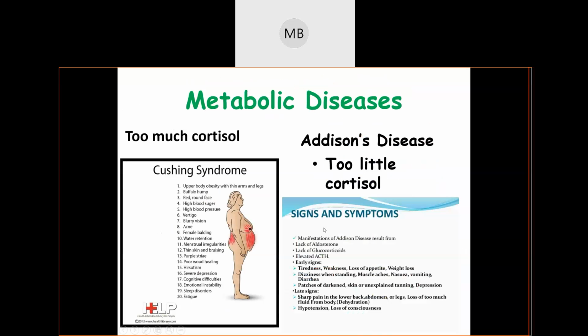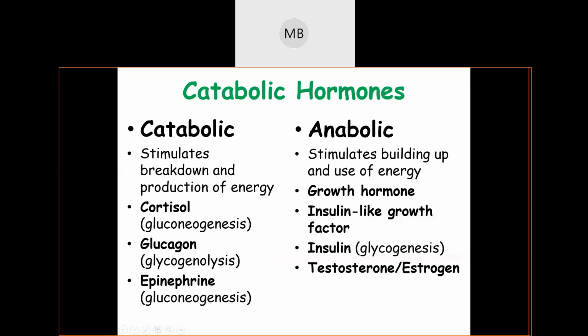There were a lot of metabolic diseases that we mentioned in previous units. Cushing's syndrome or Addison's disease is basically too much or too little cortisol in your system. We talked about those from your endocrine system.